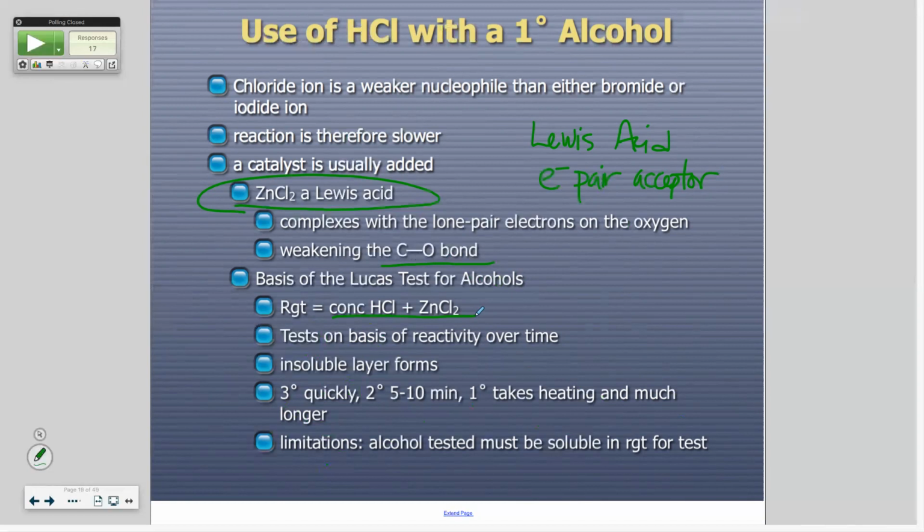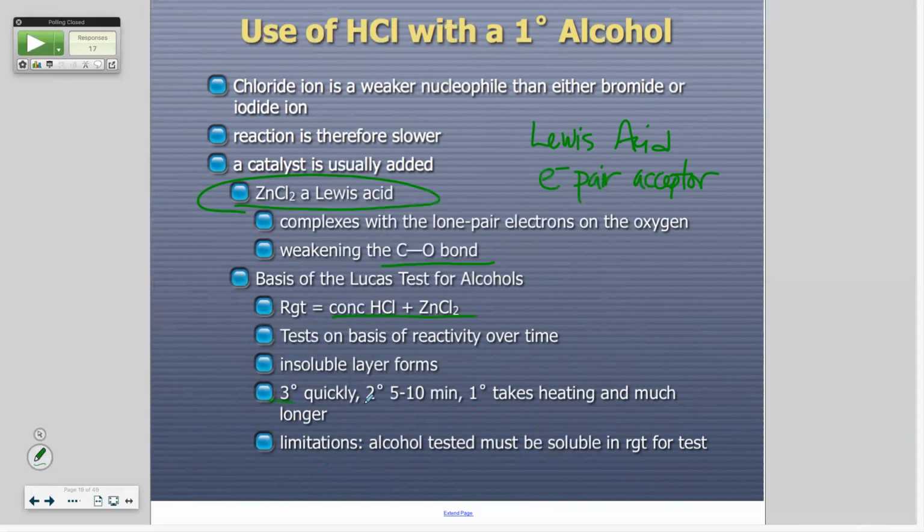That insoluble layer is your alkyl chloride. Did you do an SN1 reaction where you took t-butyl alcohol and you added concentrated HCl and you shook it in your separatory funnel? You remember doing that? That extra layer that shows on the top is RCl, your alkyl halide.